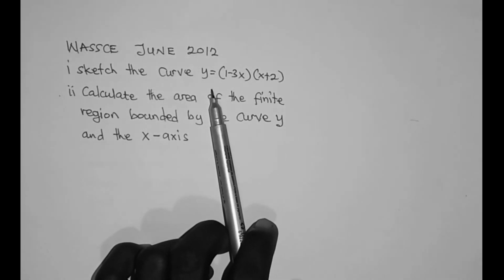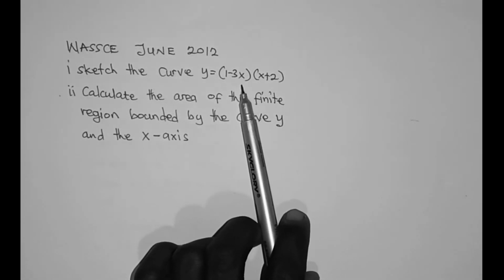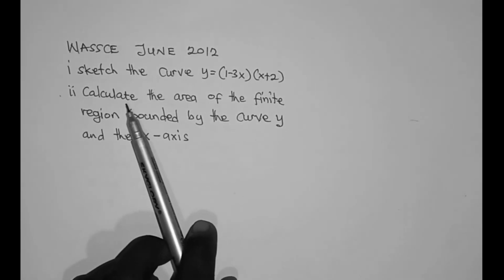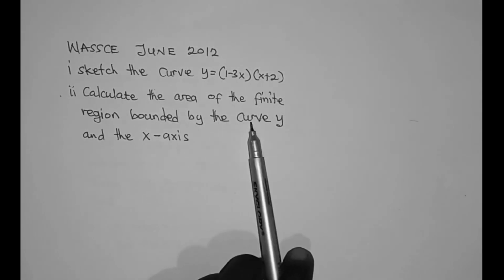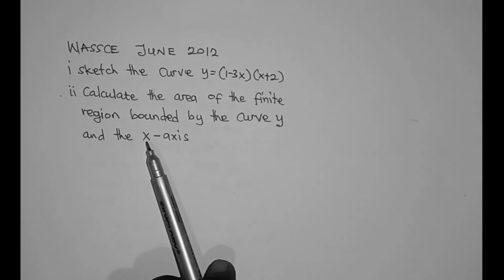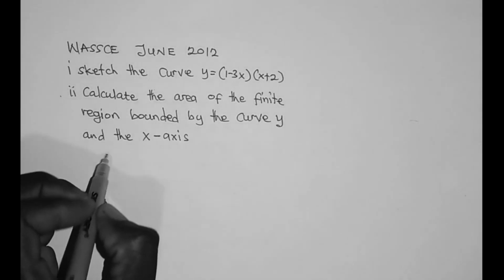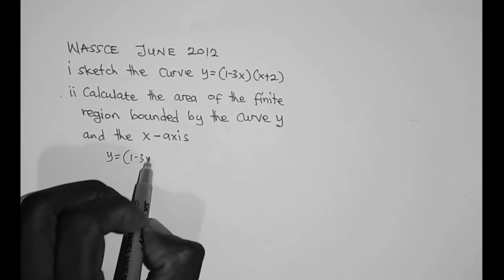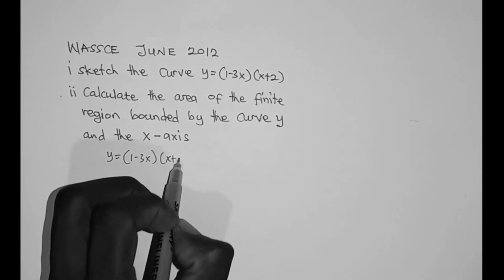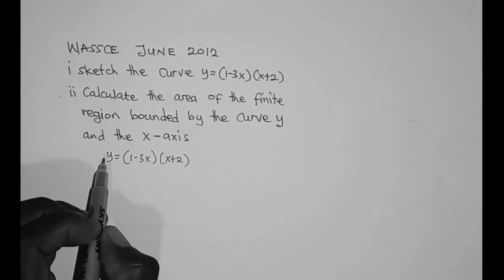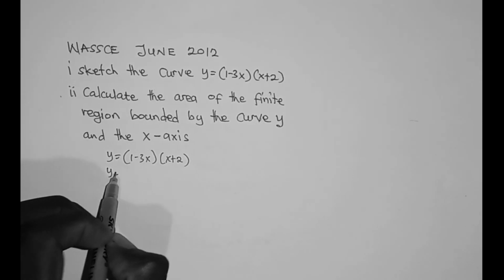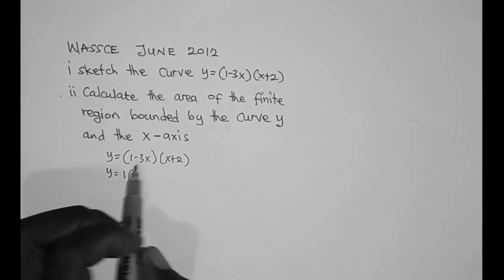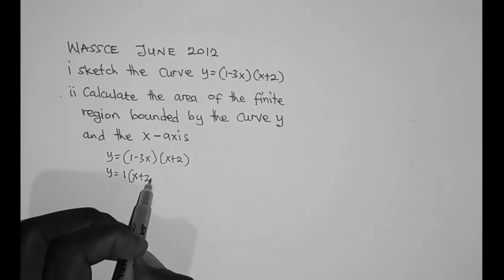Sketch the curve y is equal to into bracket 1 minus 3x times into bracket x plus 2. And then calculate the area of the finite region bounded by the curve y and the x-axis. So from the question, y is equal to into bracket 1 minus 3x and into another bracket x plus 2. So let us expand the brackets. So y is equal to, we take this 1 times and multiply by all of the second bracket, which is x plus 2.